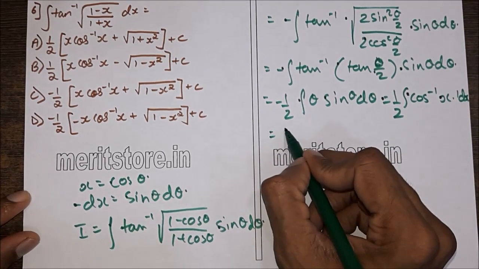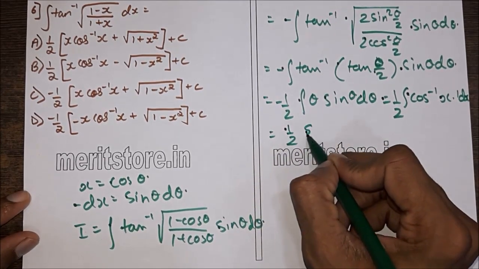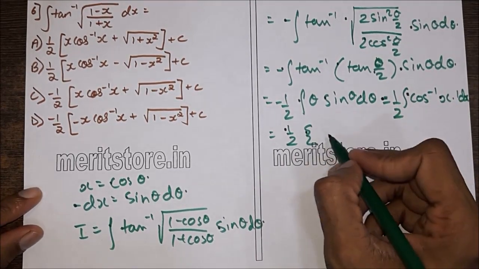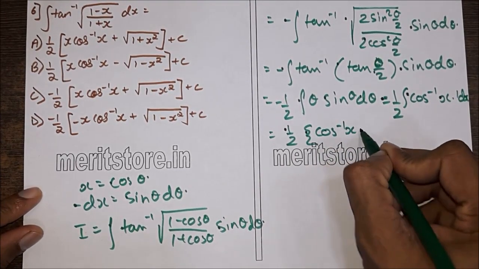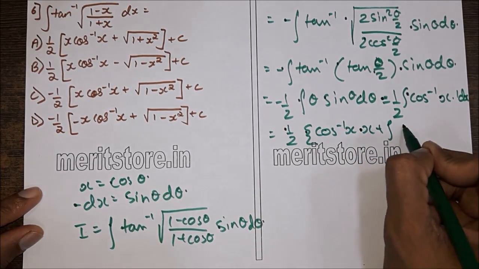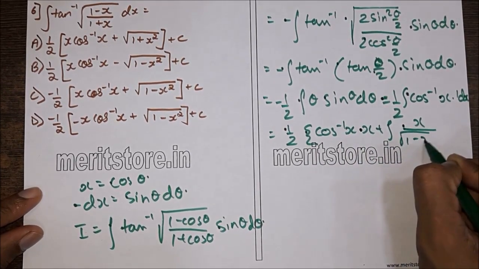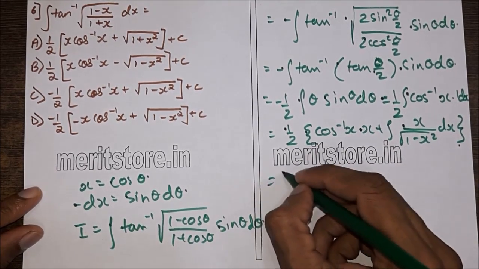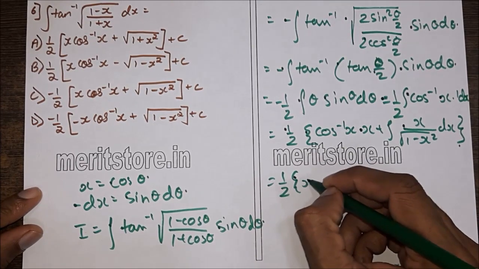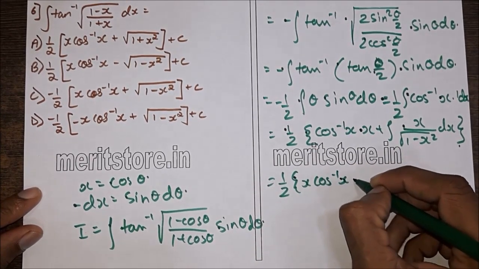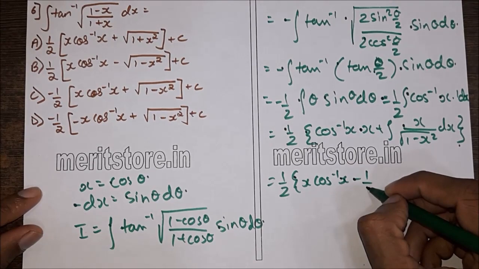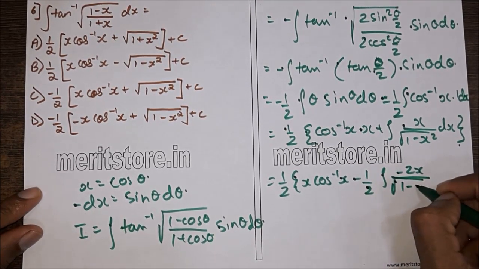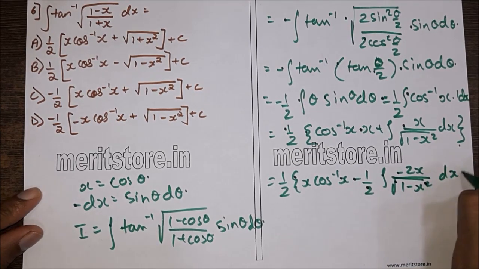Integrating, we get half of cos inverse x into x plus integral x upon under root 1 minus x square dx, which is half of x cos inverse x minus of minus 2x upon under root 1 minus x square dx.